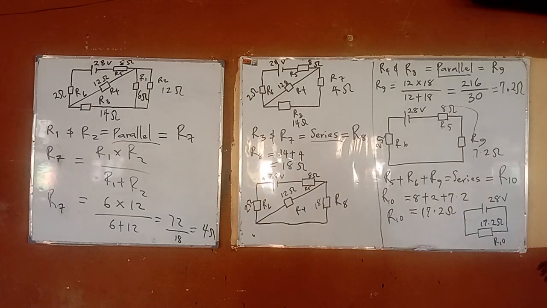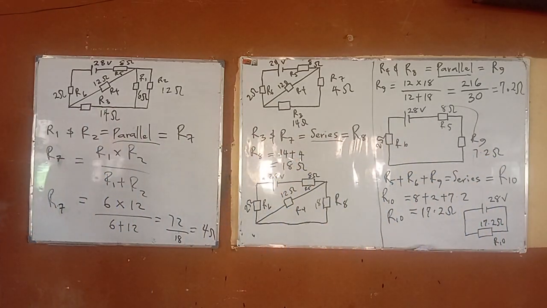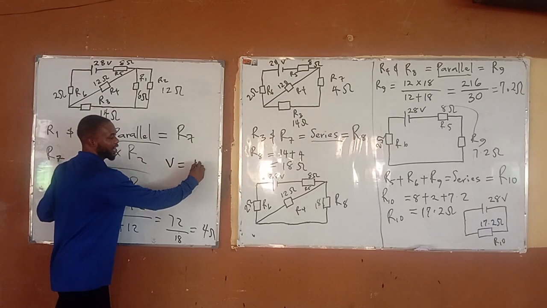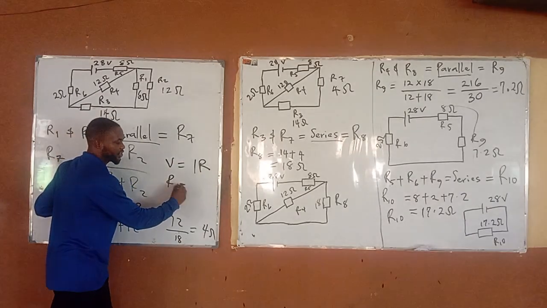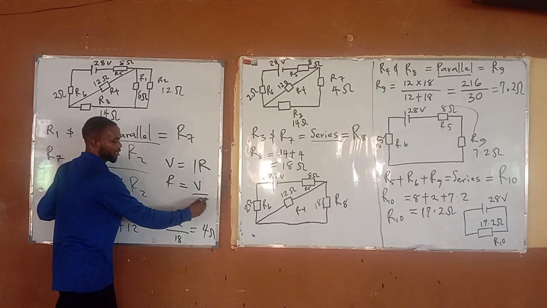Now that we've gotten this, to find current and voltage, all you need to do is simply say, R1 and R2 gave us R7. Do you remember that V is equal to IR and R is equal to V over I?